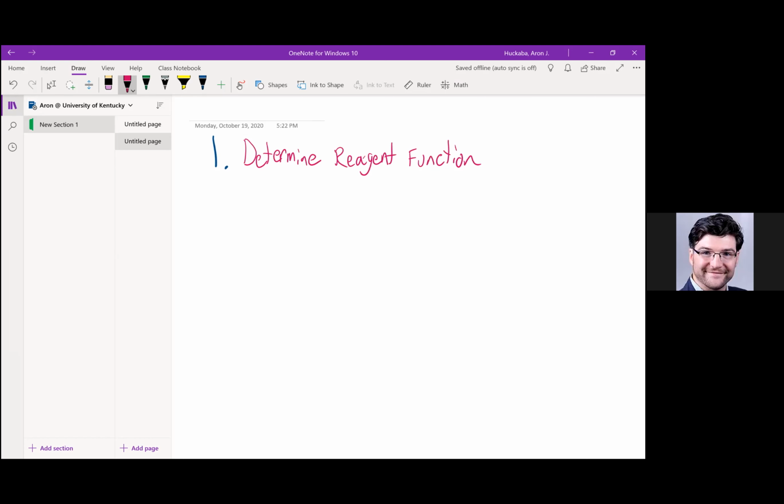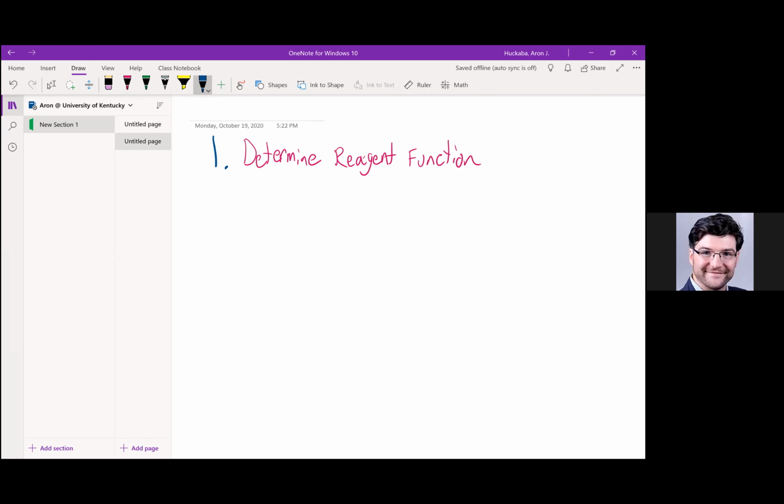That means figure out if the reagent is an acid, a base, a nucleophile, or an electrophile. Since we're dealing with substitution and elimination chapters, we'll be talking about nucleophiles or bases. So you should think about: is this reagent a strong base? Is it a strong nucleophile?